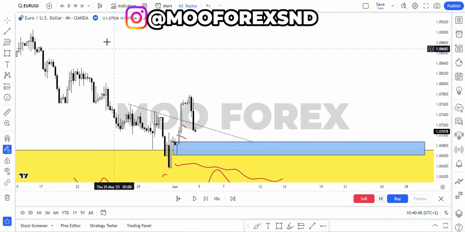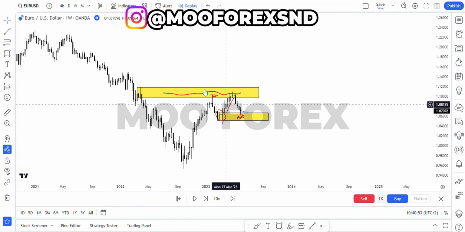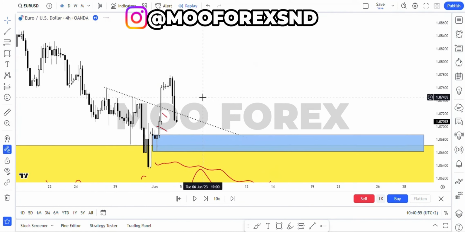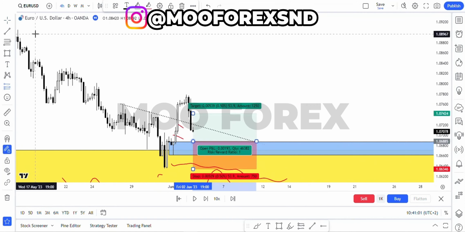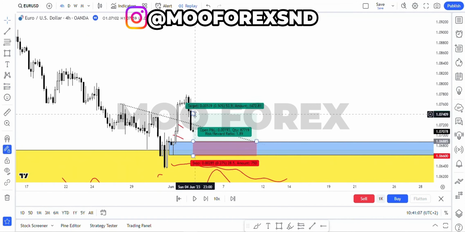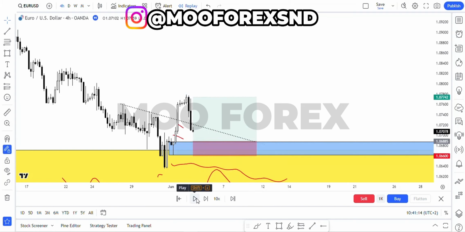Now if we go to the weekly area, as you can see how it looks in the weekly and the daily area, we can just place a trade here and aim for 3%. Okay, let's see how it's going to work.